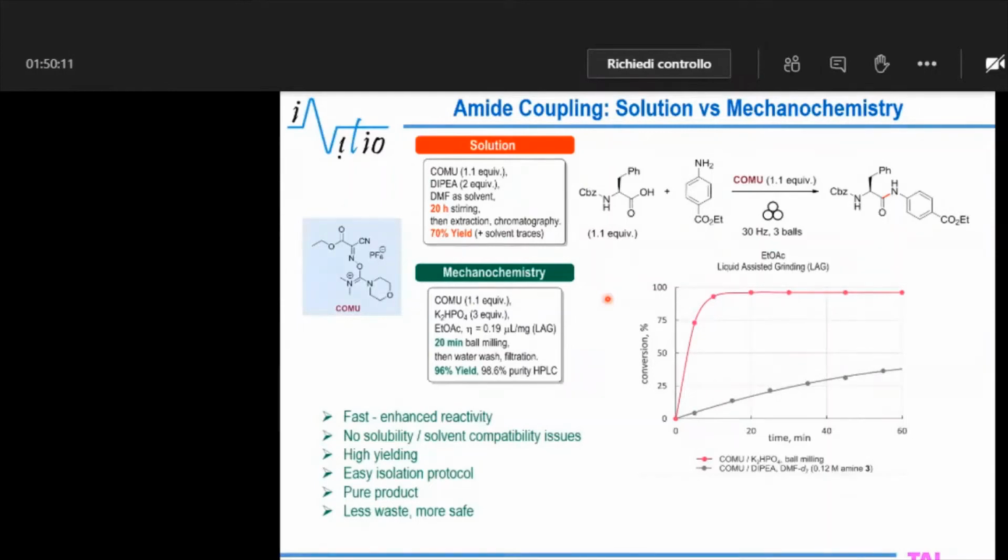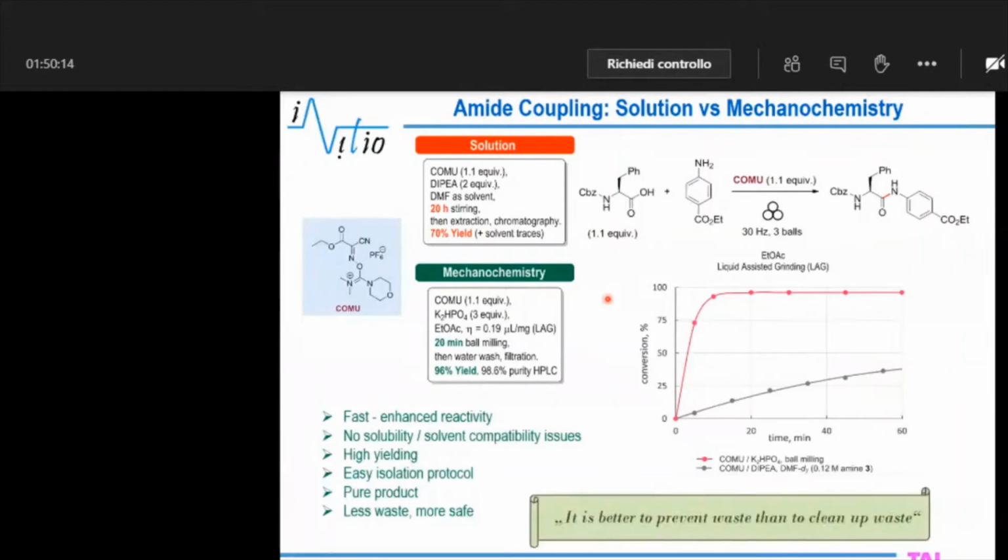So it's good from the point of view of green chemistry. And if you want to recall the first principle of green chemistry, it teaches us that it's better to prevent waste than to clean up waste, right? And I can add, it's better than to sense waste, right? So our project aim is to sense pollutants, but not to make more of them, right?